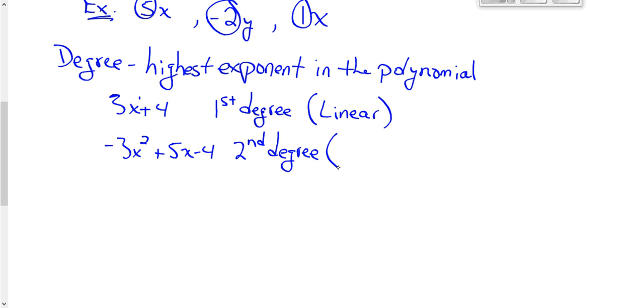You guys remember what we call these? Is it this one? Starts with a Q. Quadratic, right? It makes the parabola graph. So a second degree polynomial is quadratic.